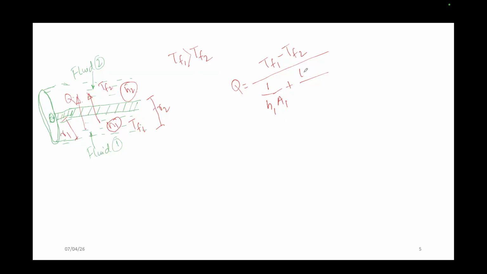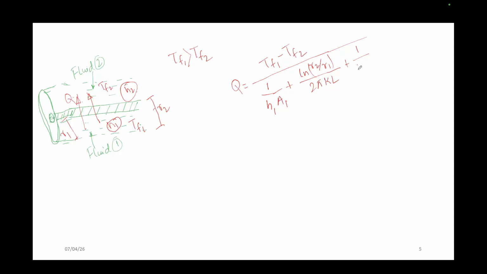Very good. ln R2 by R1, where R2 is the outer radius and R1 is the inner radius, divided by 2 pi K L, plus initially convection, then conduction, then again convection.